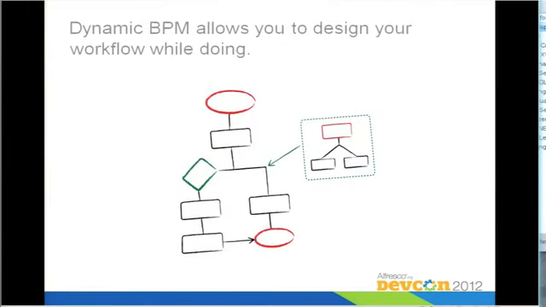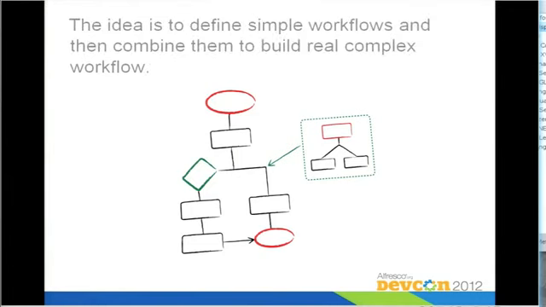In this case, Dynamic BPM saves us. It helps us to design our workflows while doing, and not to create a new workflow definition for practically the same workflows. The idea is to define simple workflows and then combine them to build a real complex workflow while doing it.